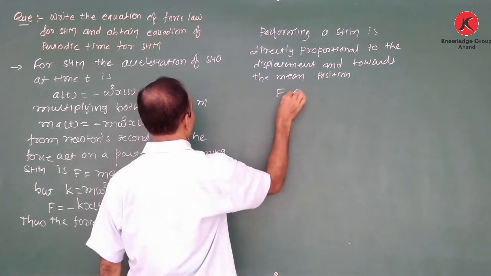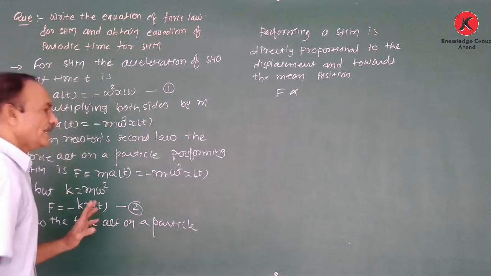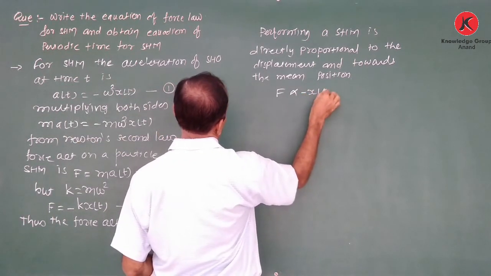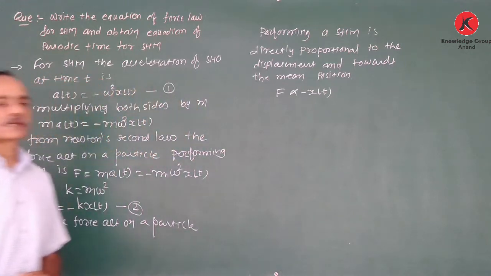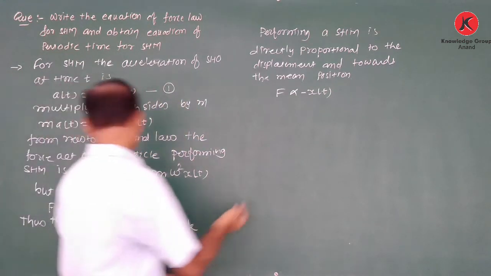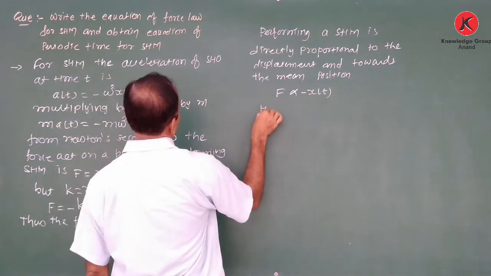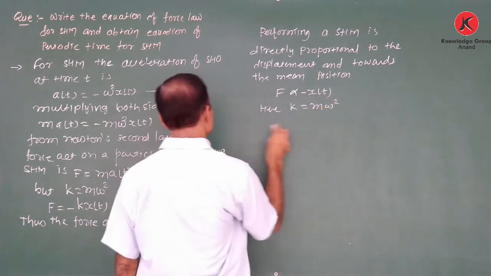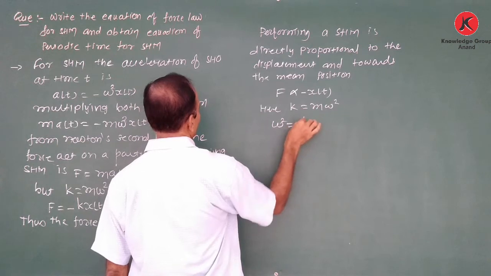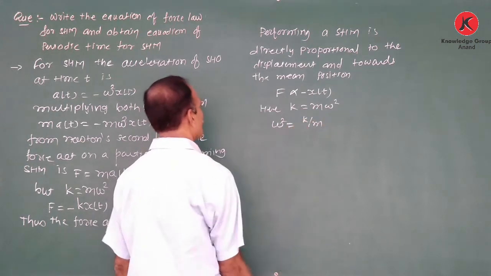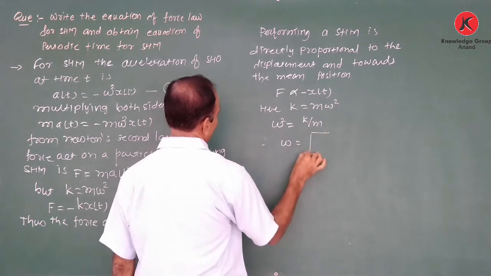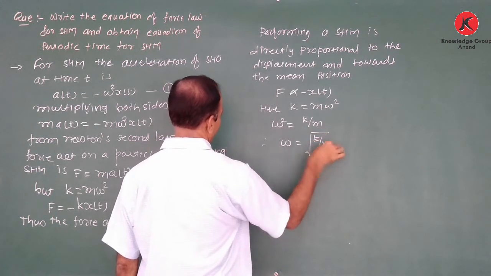Therefore, F is proportional to minus x, where k is equal to m ω². Therefore, ω² is equal to k upon m. Therefore, ω is equal to the square root of k upon m.